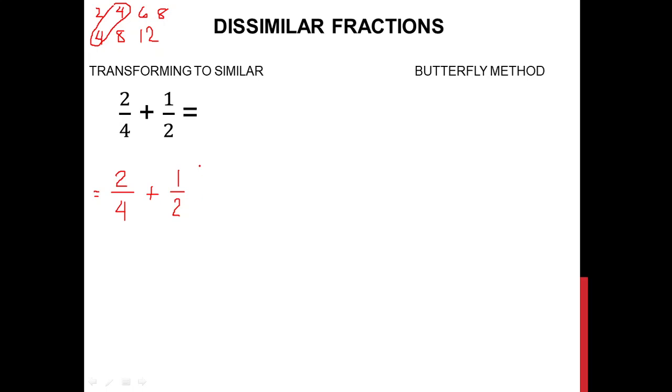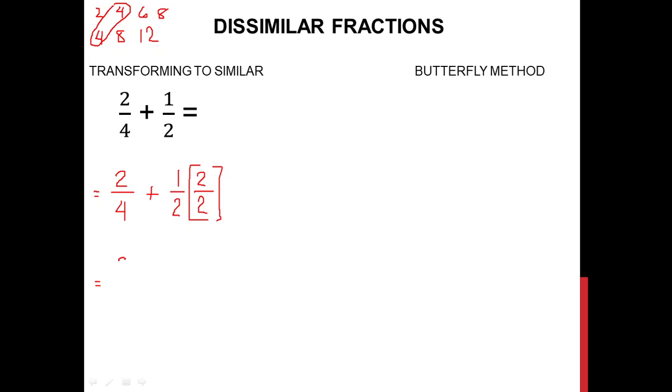So what number will it be? 2. We need to multiply this one by 2 so that it will become 4. And since we multiply the denominator by 2, we also need to multiply the numerator by 2. So that 2 over 2 is equal to 1. So it seems like nothing happened here, because any number multiplied by 1 is equal to the same number.